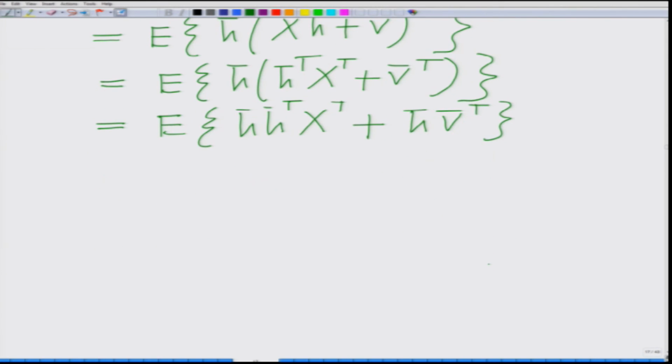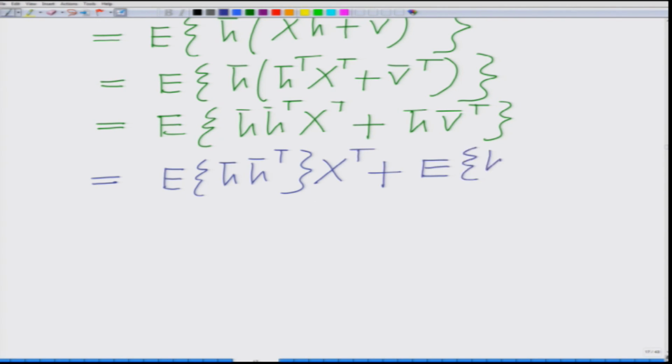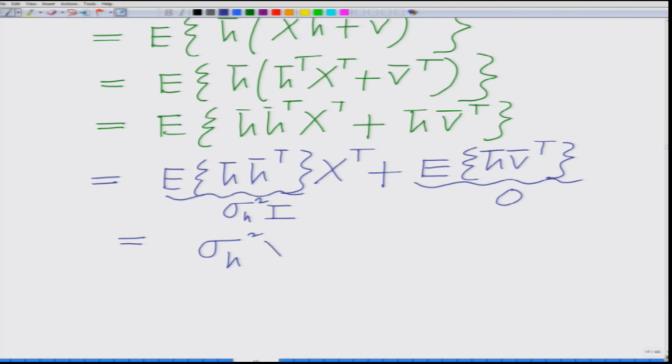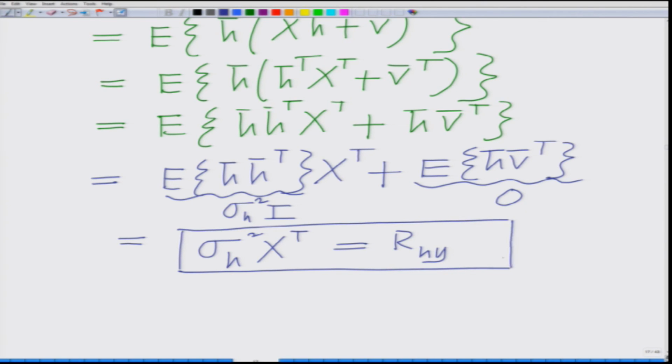Expanded term by term, again take the expectation operator inside. This is expected value of H bar H bar transpose x transpose plus expected value of H bar V bar transpose. Noise and channel are uncorrelated, so expected value of H bar V bar transpose is 0. Expected value of H bar H bar transpose we have already seen is sigma H square times identity. So this becomes sigma H square times x transpose. This is your R H y.